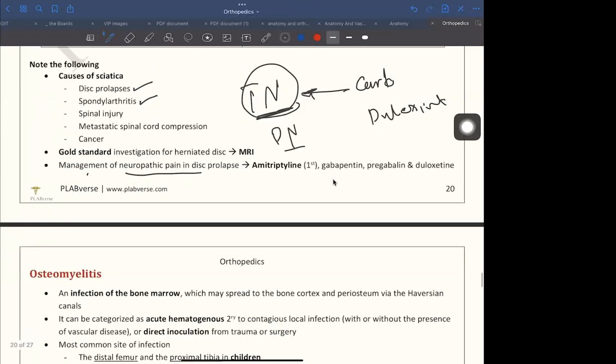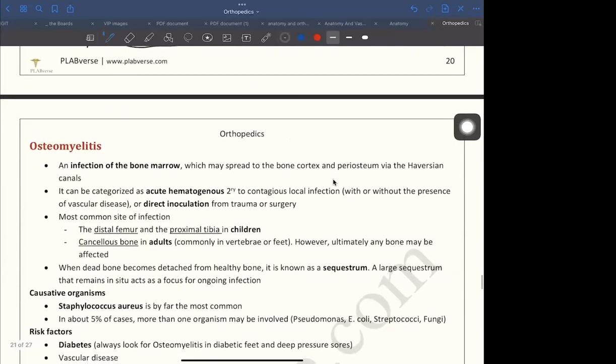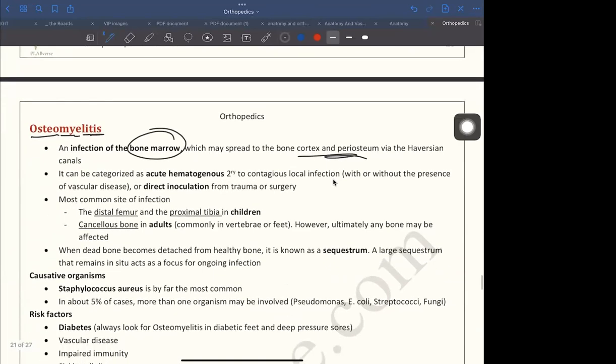Anyways, osteomyelitis. From the name, it's infection of the bone and the muscles around it. Infection of the bone marrow, which may spread to the bone covering called the periosteum. It can be categorized as either acute hematogenous, secondary infection, or direct inoculation from surgery.